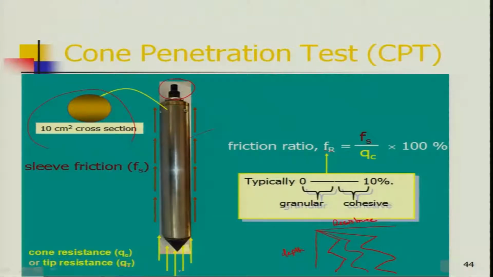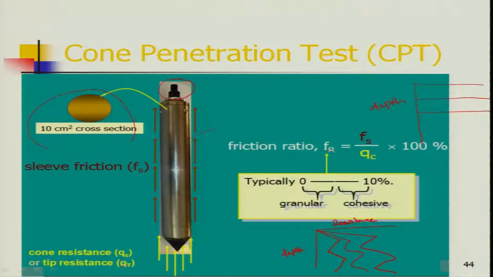Once the cone goes inside at regular depth intervals, every 1.5 meter or 1 meter or 2 meter, you measure tip resistance. Then you bring it back, unlock, then lock the entire cone pipe, the cone as well as the side pipe. So, it will move all together.